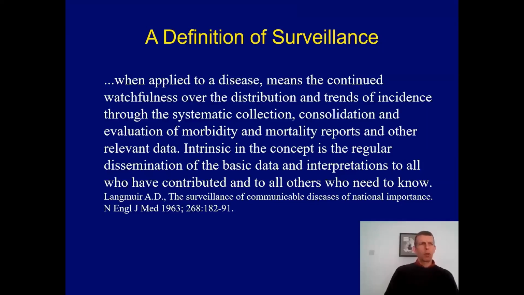So this describes the full cycle of collecting the data, analysing it and feeding it back, which is of course an essential element in order for health surveillance to have impact.